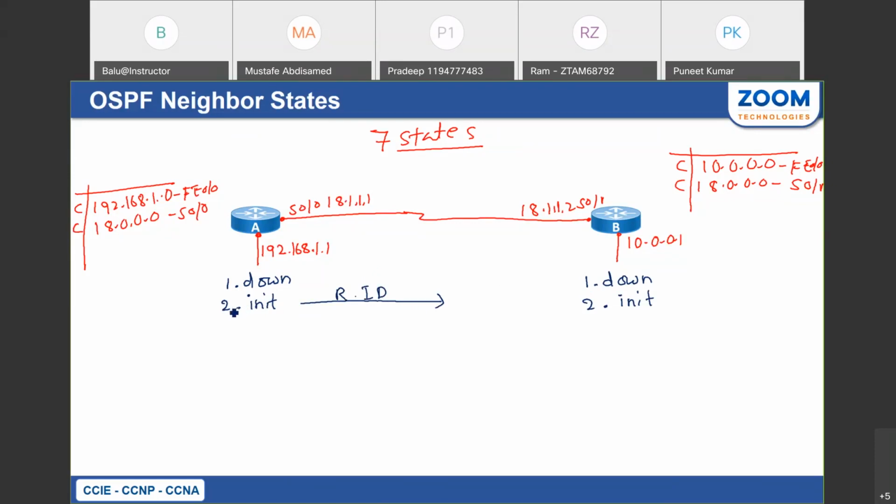Here no manual router ID command is configured and no loopbacks are configured, so the router ID should be the highest physical interface IP address, right? Which is 192.168.1.1. Hello B, I am 192.168.1.1. We send a message, and now B will give the reply: hello A, I am... What is the router ID of router B?